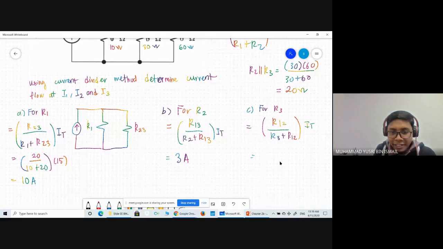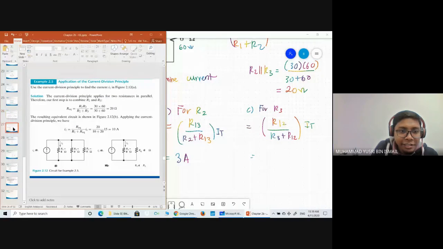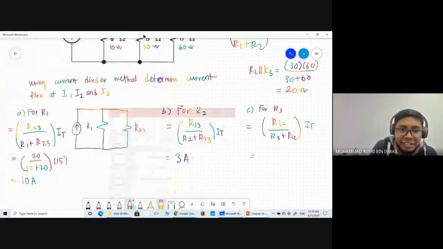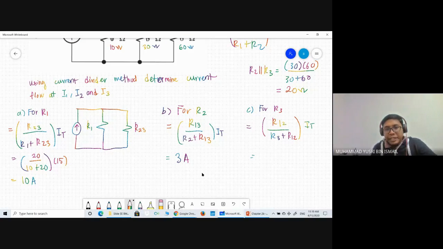So that means maybe I also need to calculate as well. I will just check. Yes, basically for R2, it is equal to 3.33, and for R3, it is 1.67.